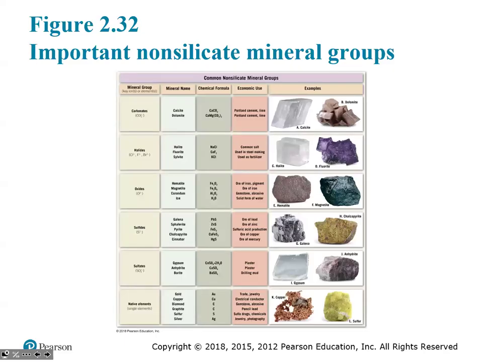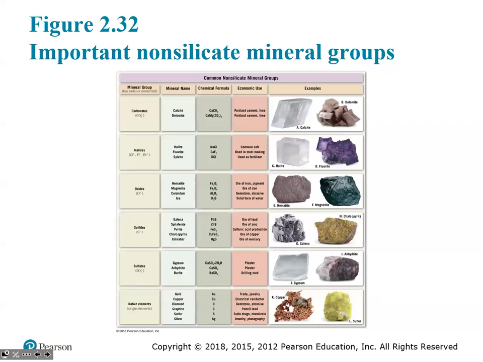Some examples: carbonates, things like calcium carbonate that makes up limestone, or dolomite, calcium and magnesium carbonate. Let me look over here where there's more resolution. Yeah, carbonate is CO3. Economically they're used in things like Portland cement and lime, and make up limestone and dolostone.